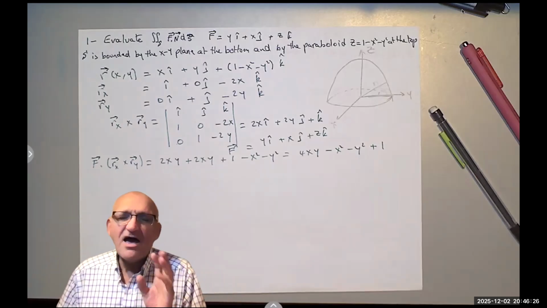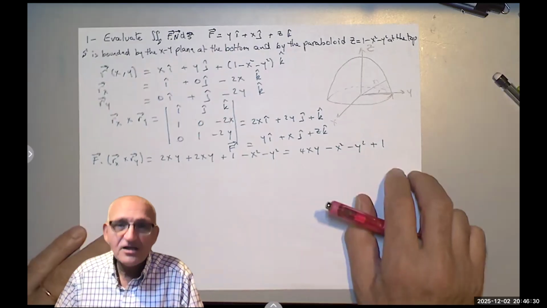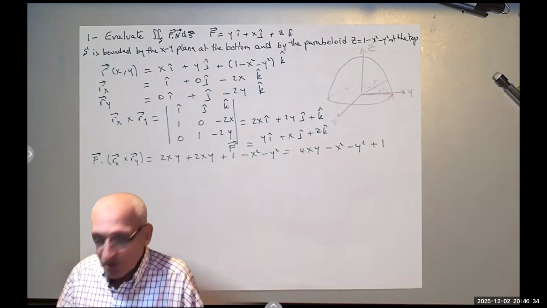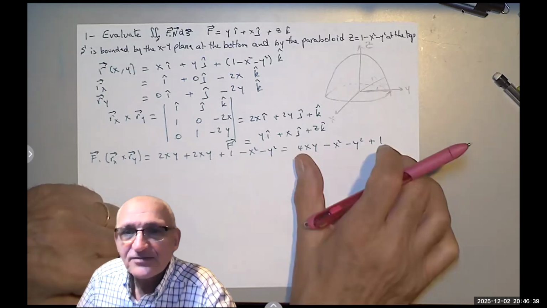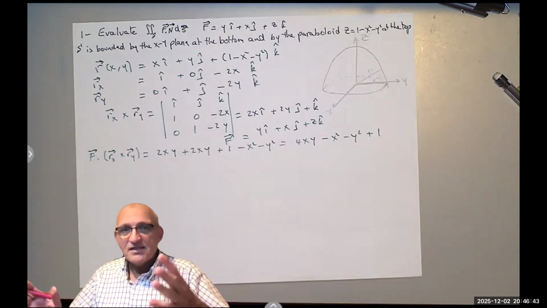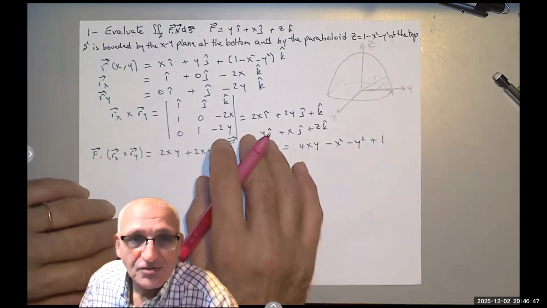An advice, every time you see x squared plus y squared, think polar coordinates. Okay? So if I want to integrate that, instead of integrating with respect to x and y, and notice x and y here are related by an equation of a circle, don't do that.